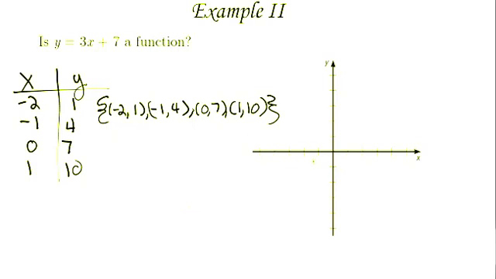So my first point is minus 2, 1. My second point is minus 1, 4. My third point is 0, 7. It's going to be about up here.